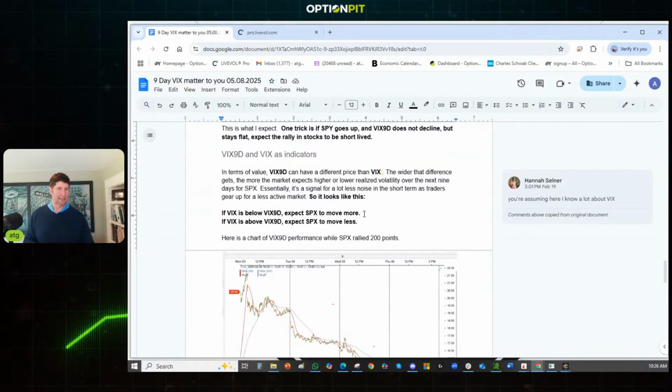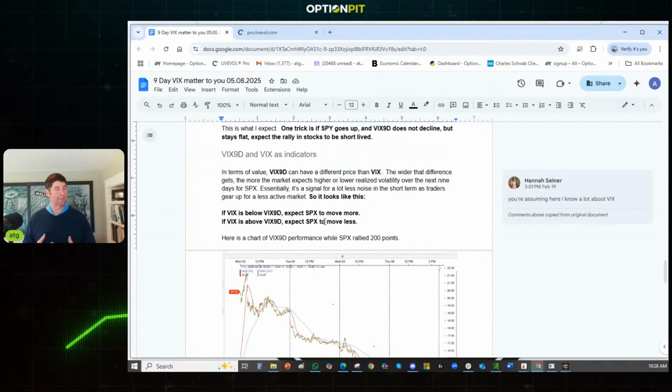So if VIX is less than your 9-day vol, traders are paying up for short-term options. SPX is going to move more. If VIX is above 9-day, then you expect SPX to move less. And that to me is the easiest way you can actually trade the index.